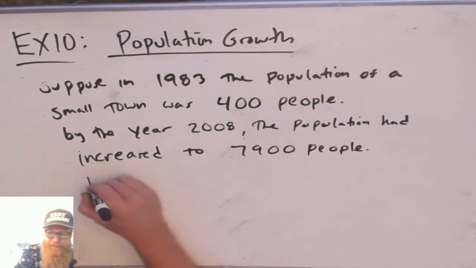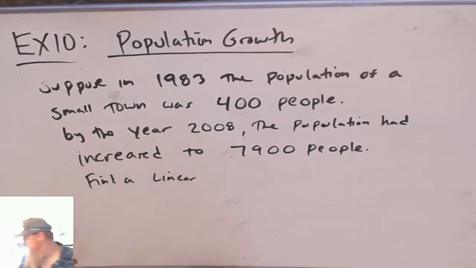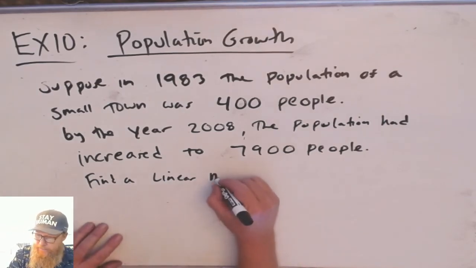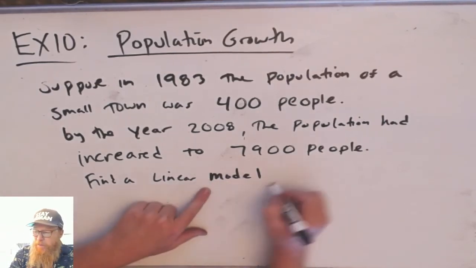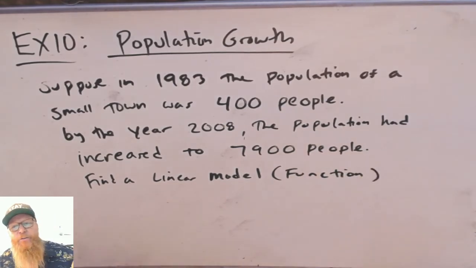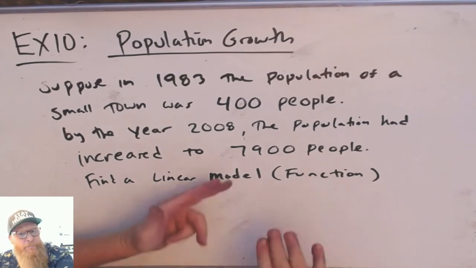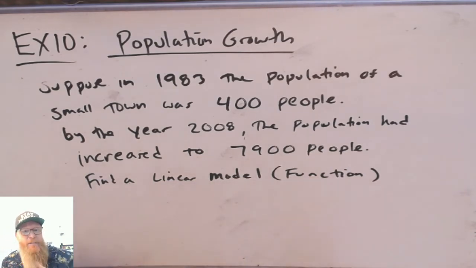All right. Find a linear model. By the way, model is the same as function. You know how I love to teach you guys lots of new words. If I say find a model, I really mean find a function. A model is a synonym for function.